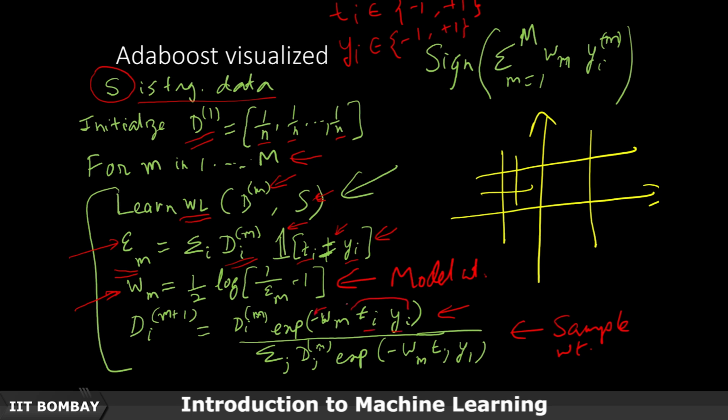We weight based on the overall accuracy of the model, and in the denominator we have all the other samples. Based on that we get a new weight which is non-uniform, and it all adds up to 1 again because of the denominator. Now we have a reweighing of the samples and we can iterate and go into training the next model.